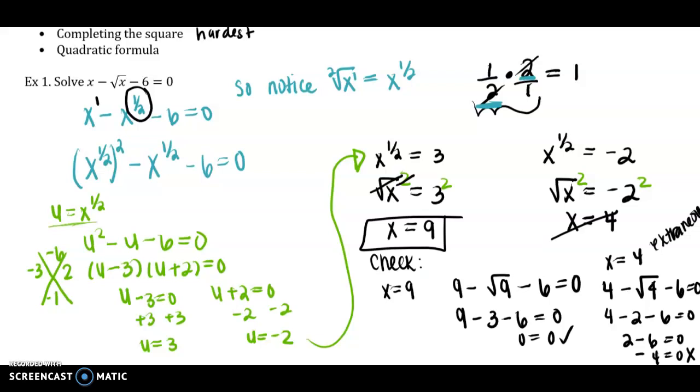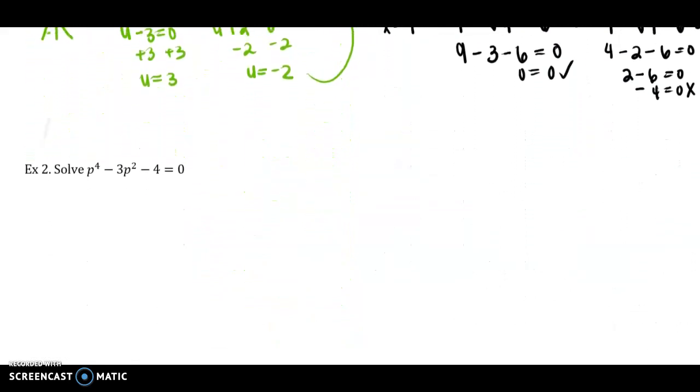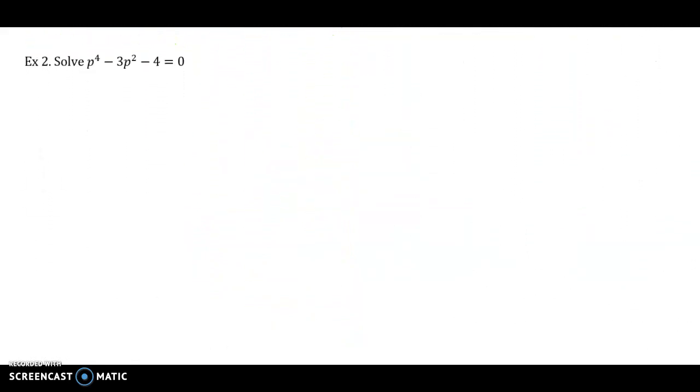Alright, so this one was a tougher problem. I'm going to show you a tad bit easier one. So here we have solve p to the 4 minus 3p squared minus 4. So I'm just going to write out the general formula again.